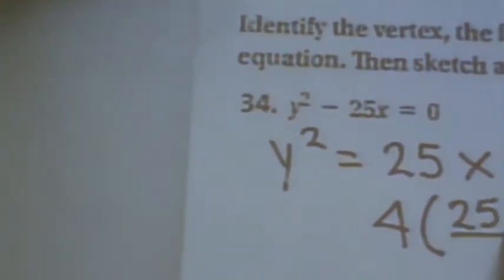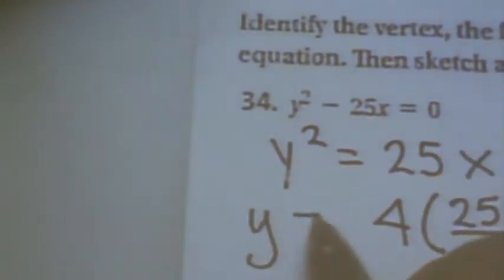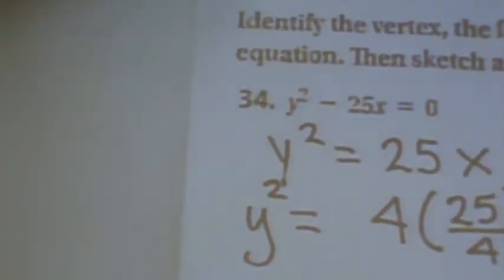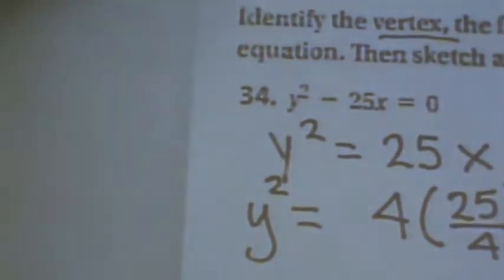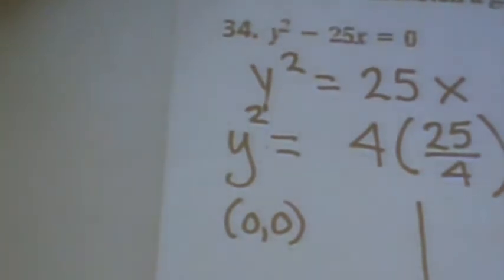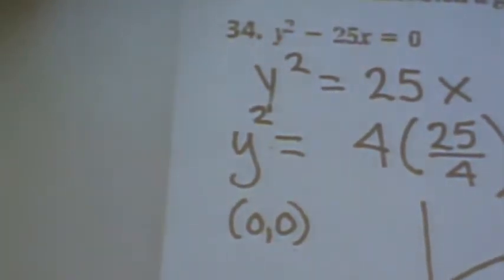6.25. This is crazy. You just divide that by 4. So, can you identify the vertex? What is the vertex? (0, 0) is your vertex. This is going to be on its side, right? Yes. Like that. It's y squared.